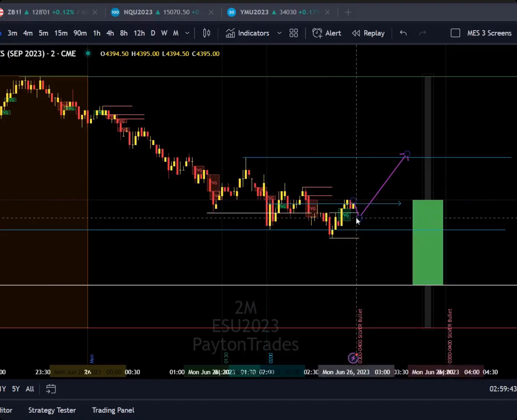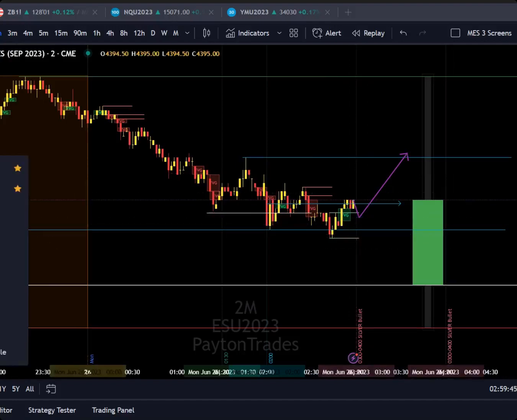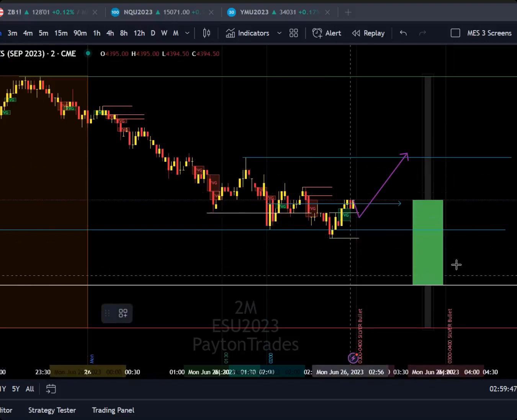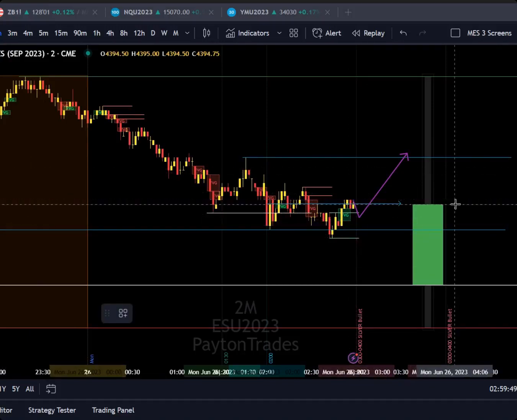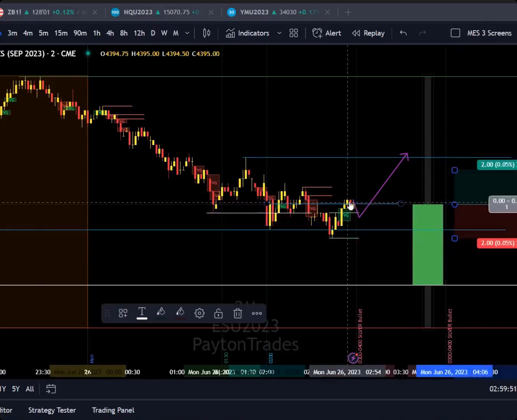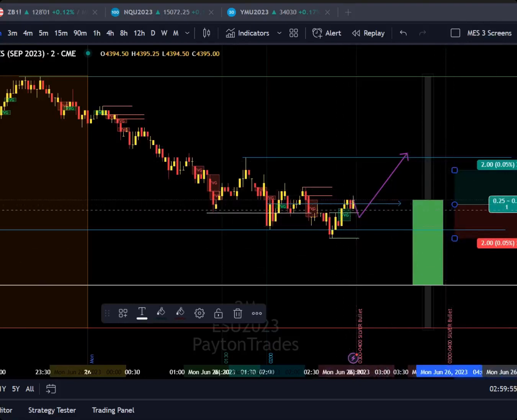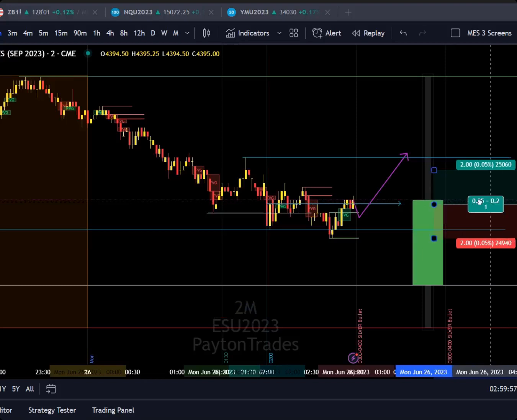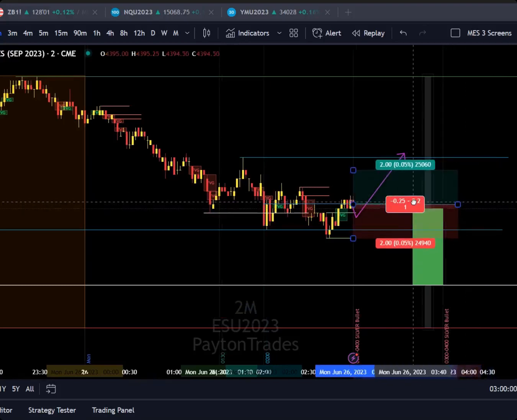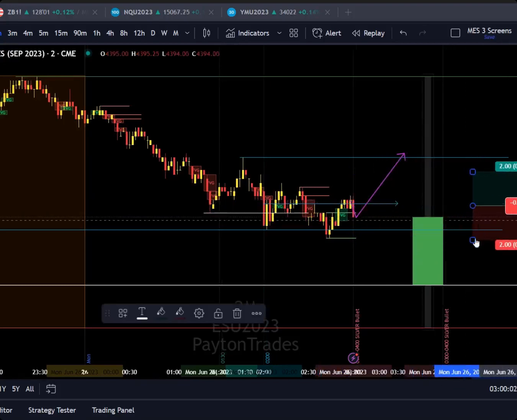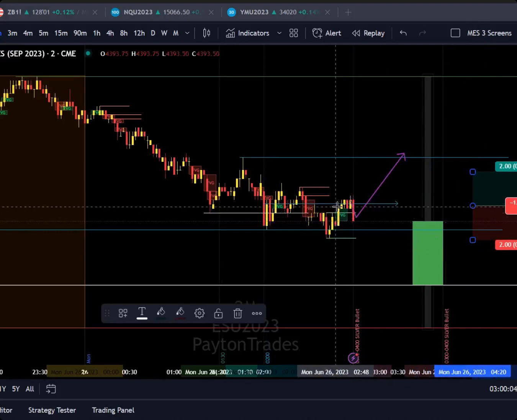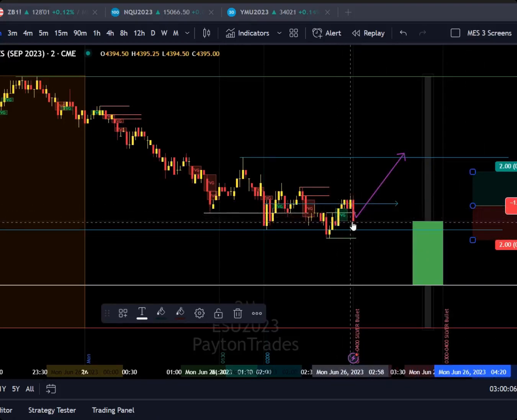Now with this, what I would have done, this is a buy, even though I said I'm looking for sells. This would be a buy higher because that's what price is showing me. If I was to take this trade, I would get in. There we go. There's price trading down into the imbalance, as you can see.